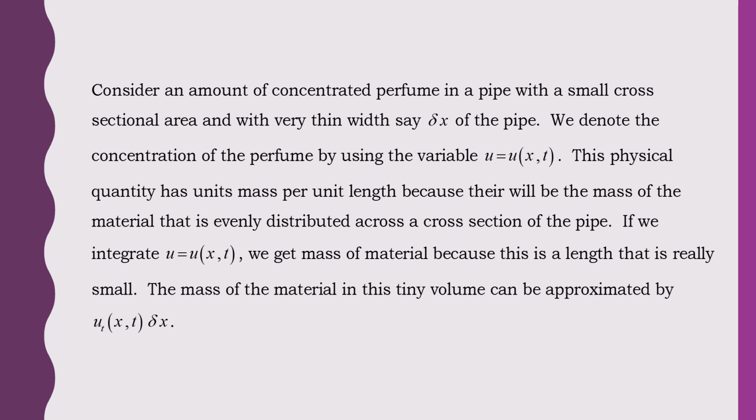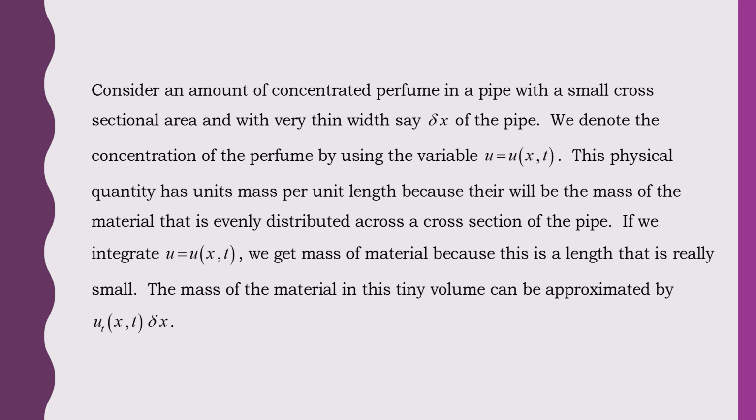Now, we take the symbol u = u(x, t) to represent the concentration of the perfume or mass in this pipe. The units of this physical quantity u = u(x, t) are mass per unit length.